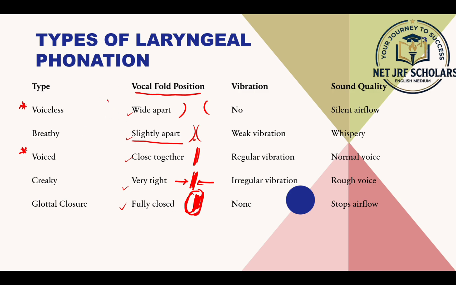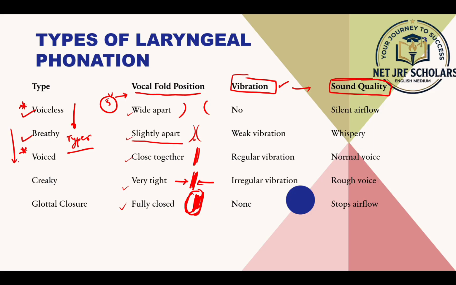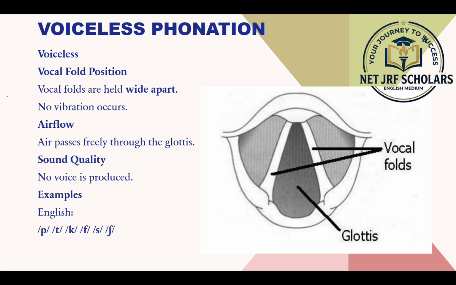So as you can see, there are 5 different vocal fold positions, resulting in the production of 5 laryngeal phonation types, with 5 types of vibration and 5 types of sound quality. We will look one by one at the vocal fold position, the level of vibration, and the sound quality of these 5 laryngeal phonations.